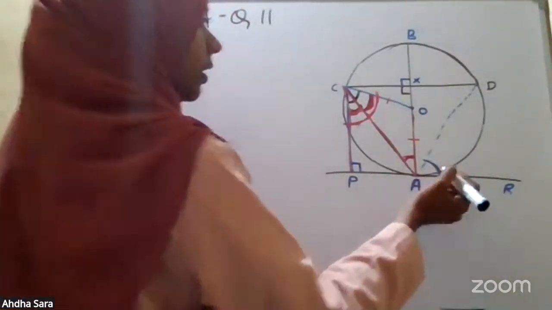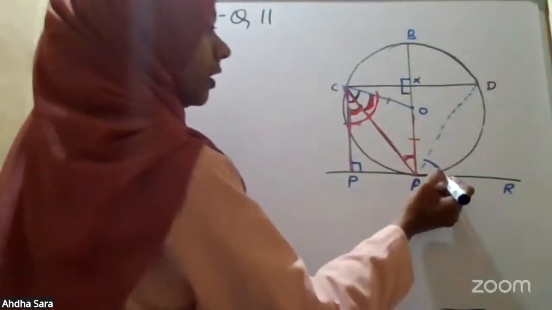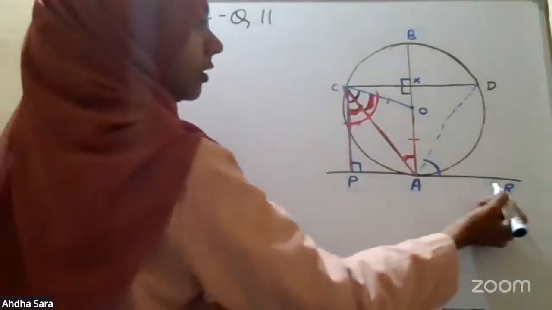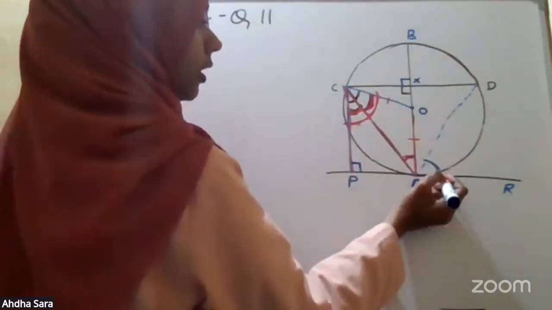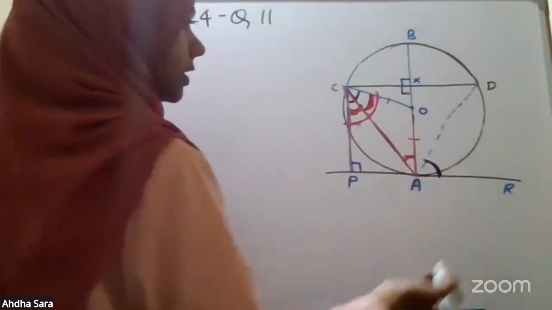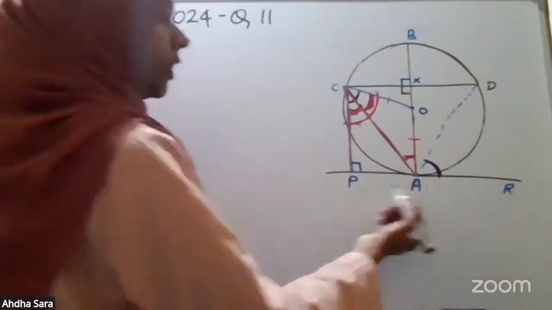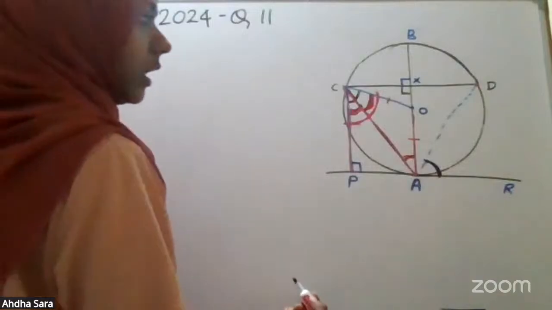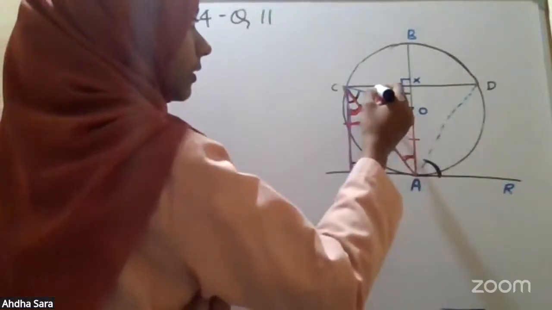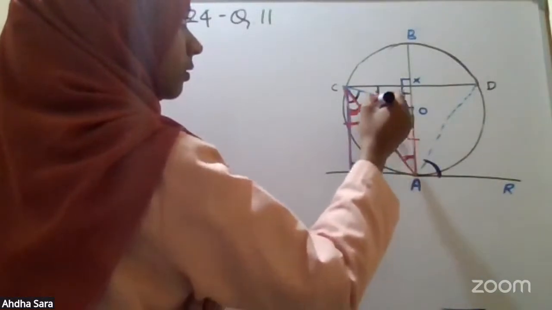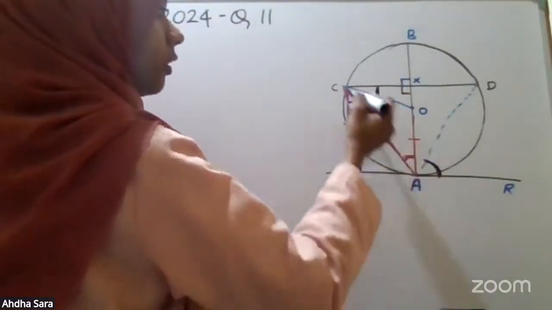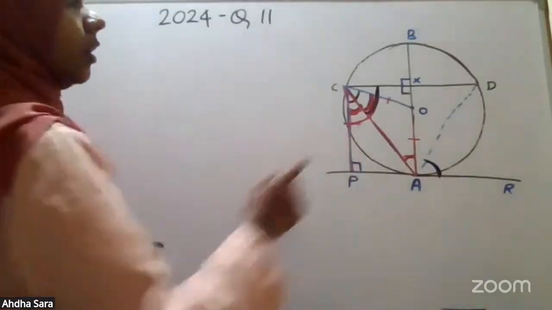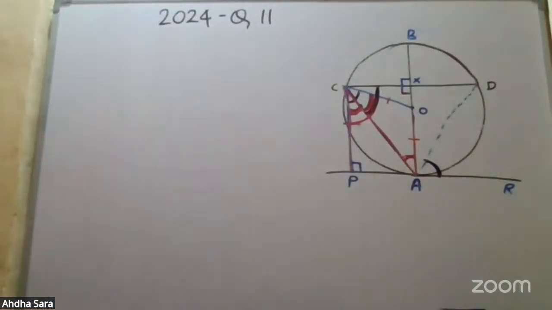When you see the theorem, the exterior angle that is formed between the tangent and the chord will be equal to the angle that is formed by the same chord in the alternate segment.